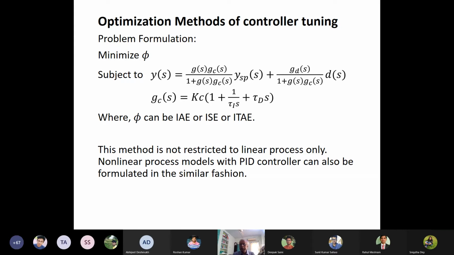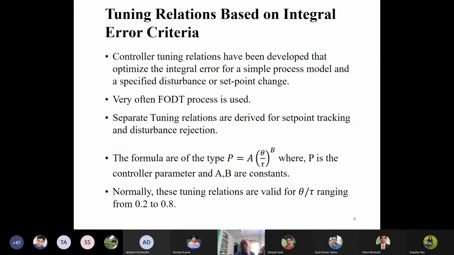Okay, so let's take one example. Let's say GS is equal to a first order with dead time model.